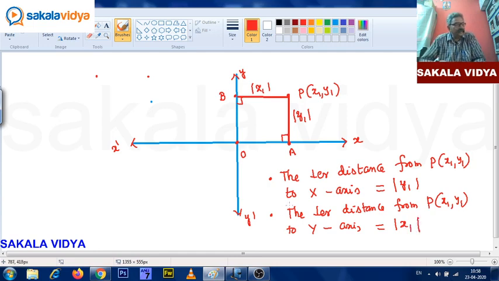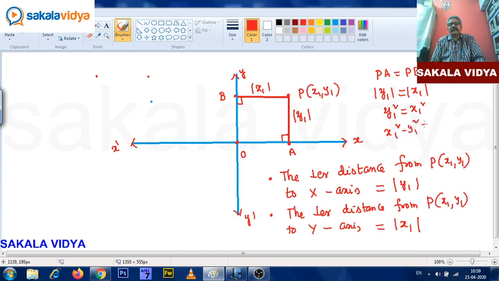Based on this, many questions may be asked in the examination. One problem: we can find the equation to the locus which is equidistant from the coordinate axes. That means PA is equal to PB. PA is equal to mod y1, and this is mod x1. Squaring on both sides, we get y1 square is equal to x1 square, or x1 square minus y1 square is equal to 0.